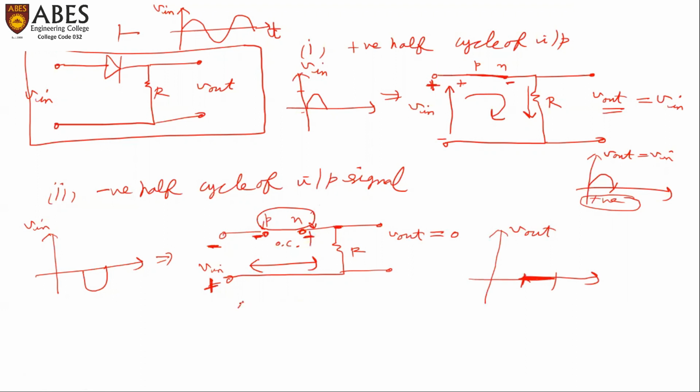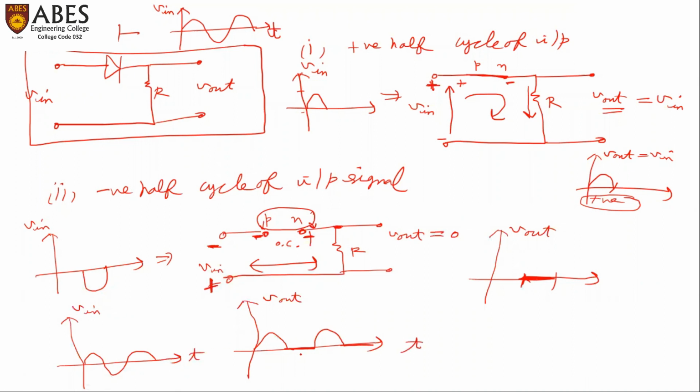So we will obtain the output waveform from the input waveform in this manner: if the input voltage is a sinusoidal signal like this, then the output waveform will pass only the positive half portion and the negative half portion will be zero. Again passing the positive half portion and the negative half portion will be zero.